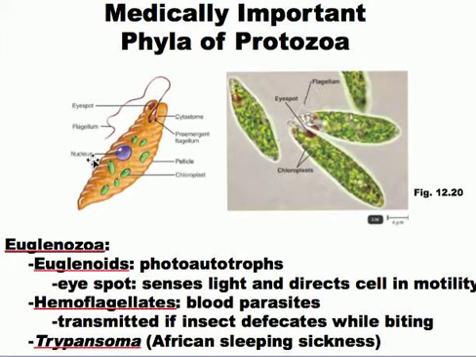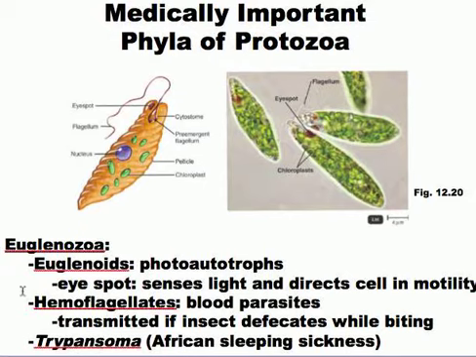So if we look at here as a euglenoid, we can see that it has a nucleus, it has chloroplasts, it has to have chloroplasts if it's going to be able to generate energy from the sun. And it also has this eye spot, which is located here. Now, if we look at a non-cartoon picture of this, a real picture, you can see the eye spot over here.